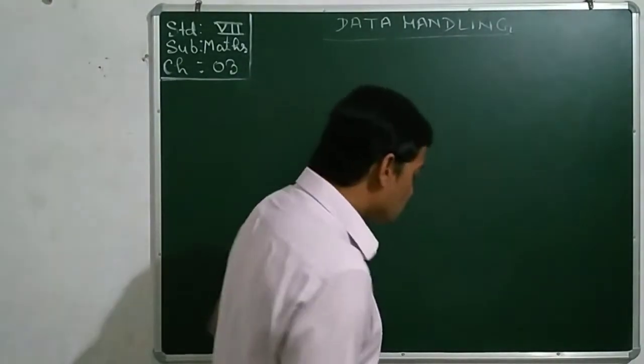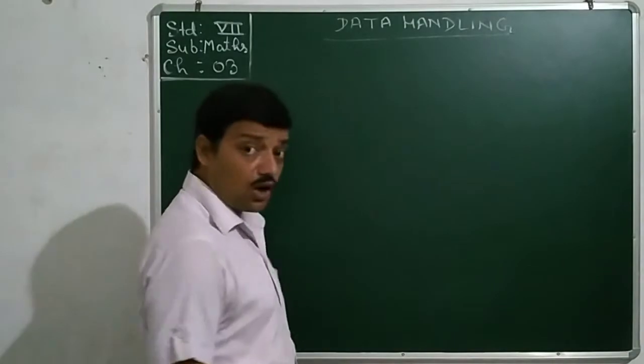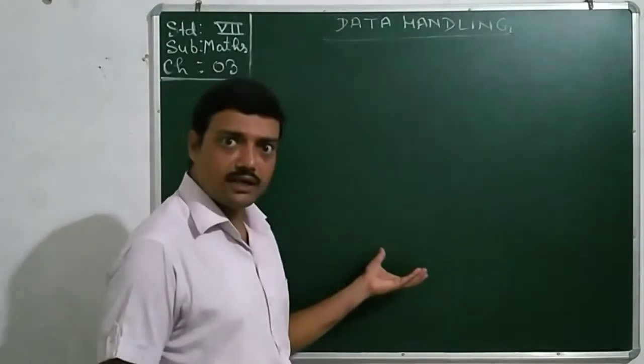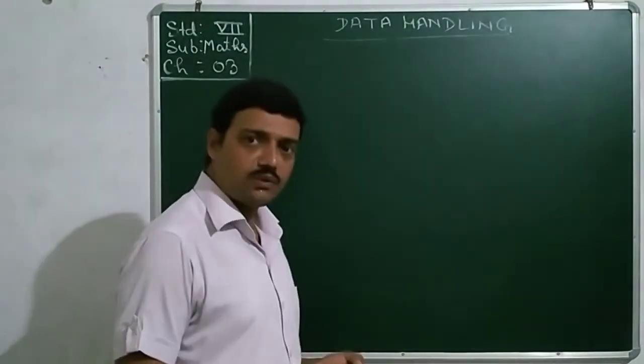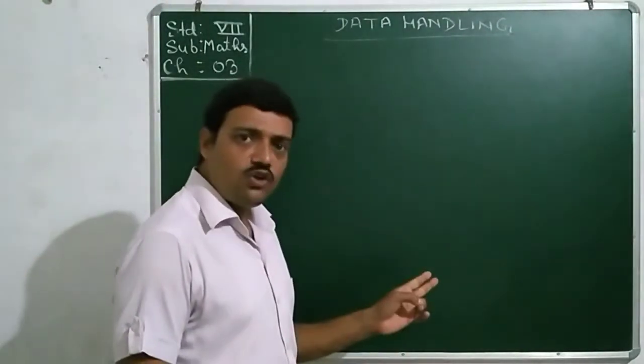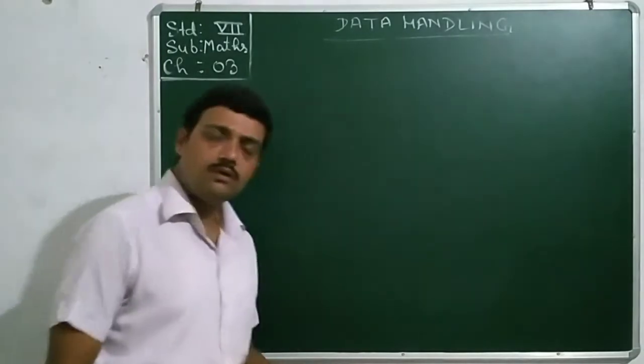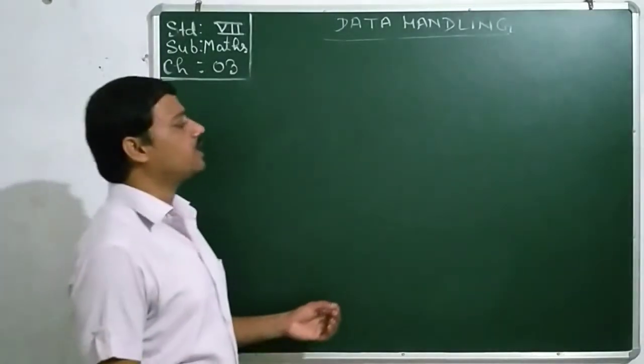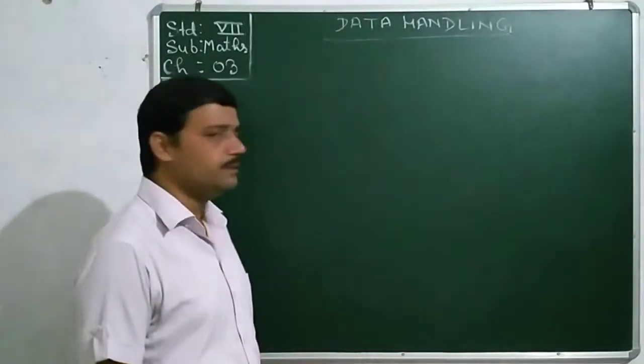Because the bar graph is already drawn and you need to take out the conclusions only. You will look at the bar graph thoroughly in your book, and I am taking out the conclusions here.